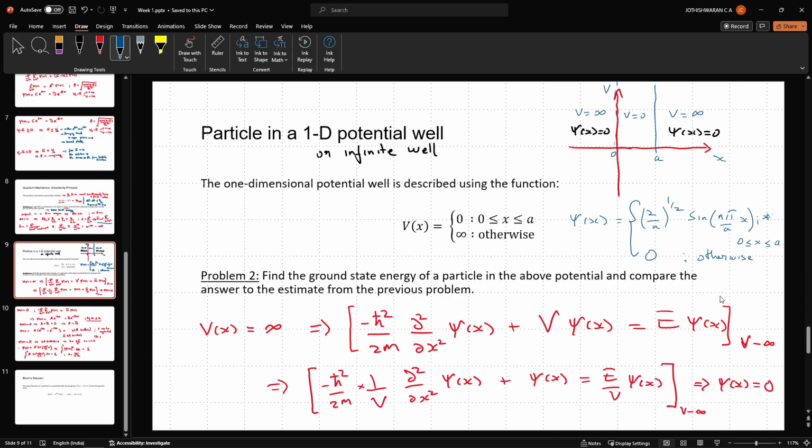Now of course we can now take this form of our wave function and substitute it in the Schrödinger equation to get the energy for the particle. That is the question here. Compare the ground state energy to the estimate from the previous problem. So what does the ground state energy come up to?